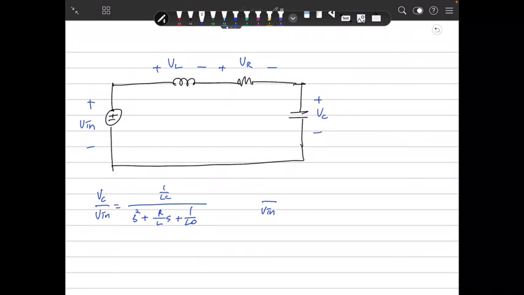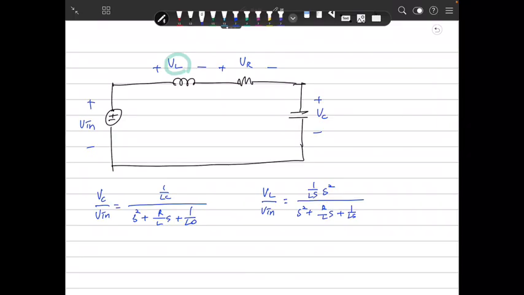And V in over V L. If you choose the output in this manner, then that will be s squared over s squared plus R over L s plus 1 over LC.